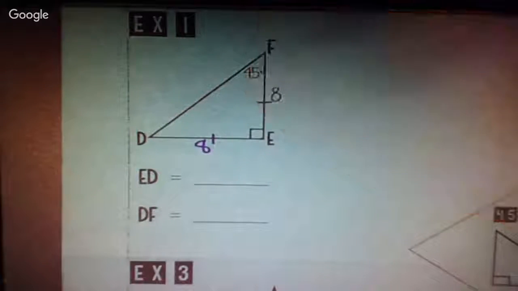Okay. So they give you side F to E. Because this is a 45, 45, 90 triangle, what does that make side E to D? 8. Remember, 45, 45, 90, that makes these both the same. So E to D is 8.